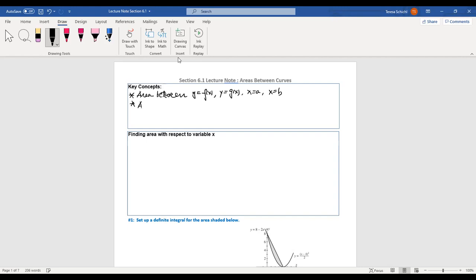Then we're also going to take a look at the area between x equal to f of y and x equal to g of y, where y is from c to d. And the last thing we're going to talk about is the area enclosed by 2 curves.